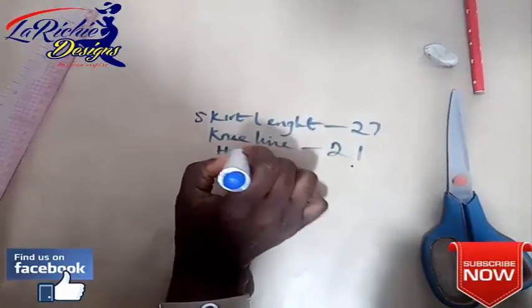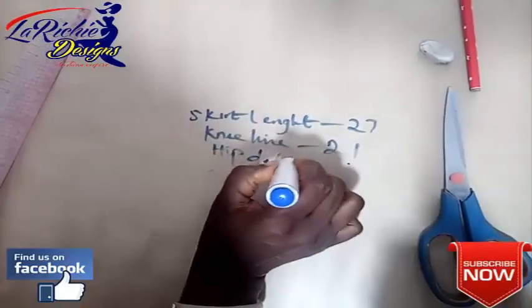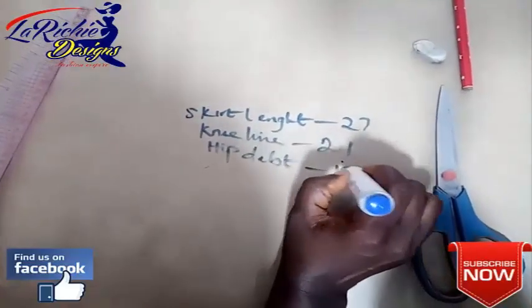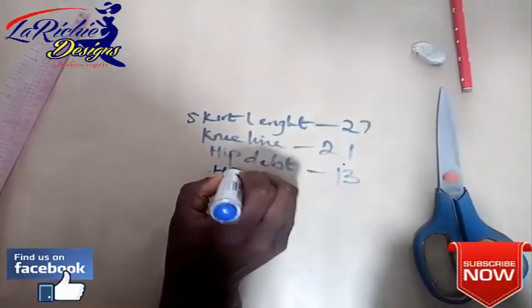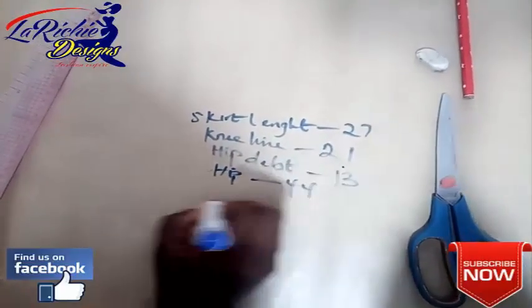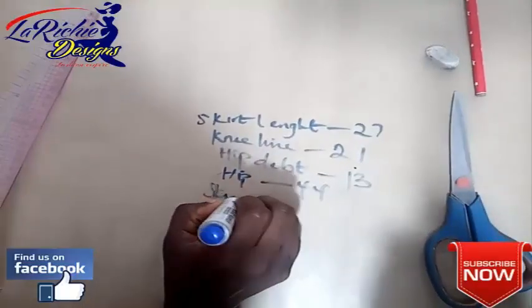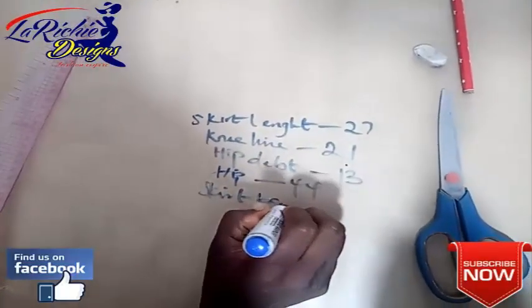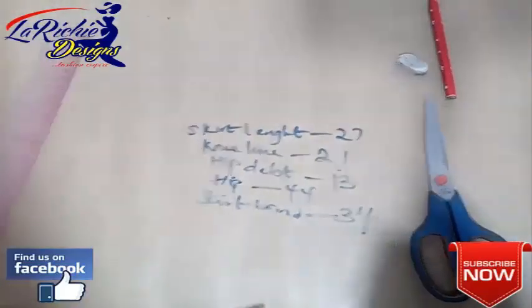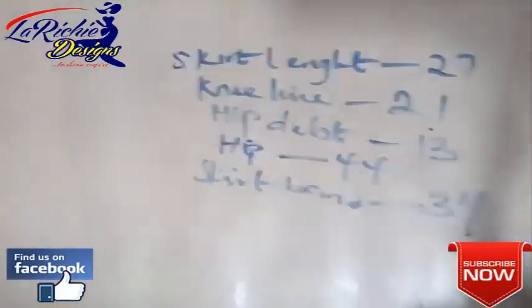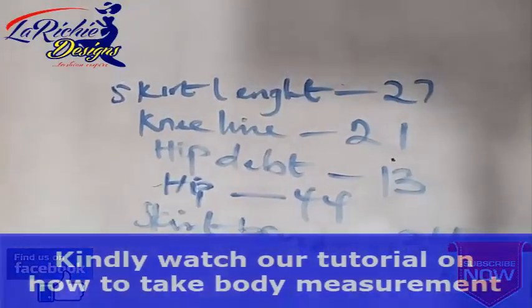My hip depth is 13. My hip is 44, and my skirt band is 34. So those are the measurements needed for our skirt pattern.